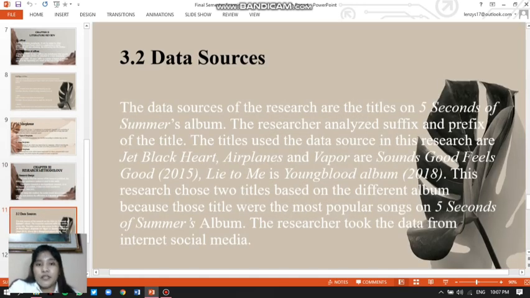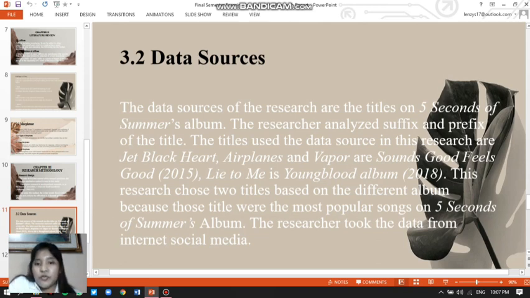3.2, Data sources. The data sources of the research are the titles on 5 Seconds of Summer's album. The researcher analyzed the suffixes and prefixes of the titles. The titles used as the data source in this research are Set the Card, Airplanes, and Vapor from Sounds Good Feels Good, 2015, and Lie to Me from the Youngblood album, 2018.